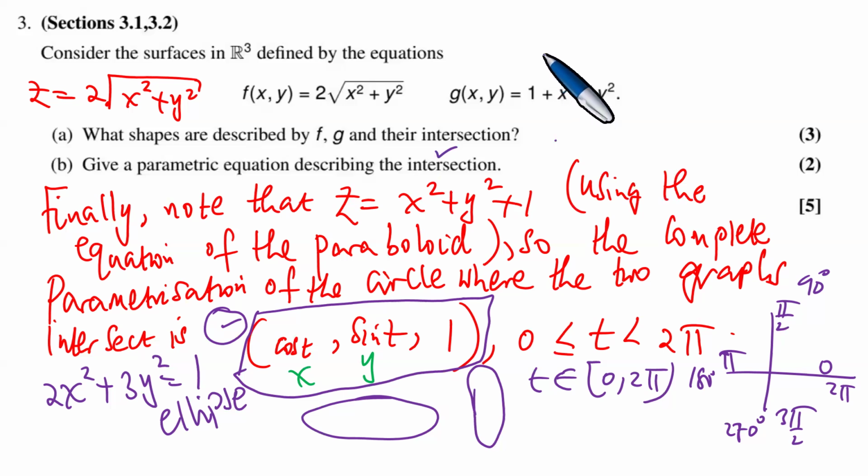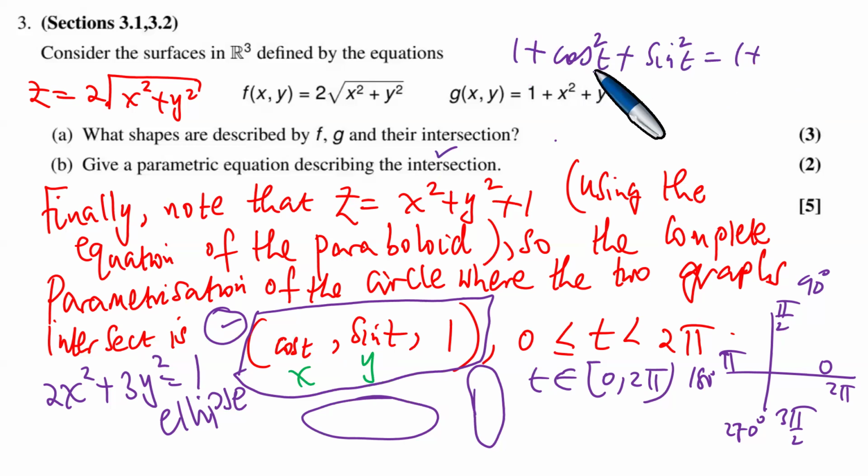So you'd have 1 plus your x, which is cosine squared t, and then your y, sine squared t. What is cosine squared t plus sine squared t? It is 1, so 1 plus 1 equals 2. So you get a 2.